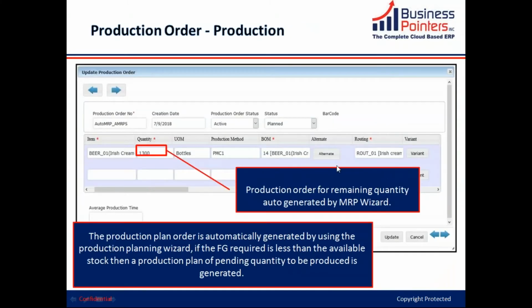The production order for remaining quantity is auto-generated by the MRP wizard. The production plan order is automatically generated by using the production planning wizard. If the finished good required is less than the available stock, then a production plan of the pending quantity to be produced is generated. So this is 1300 quantity that's being generated.